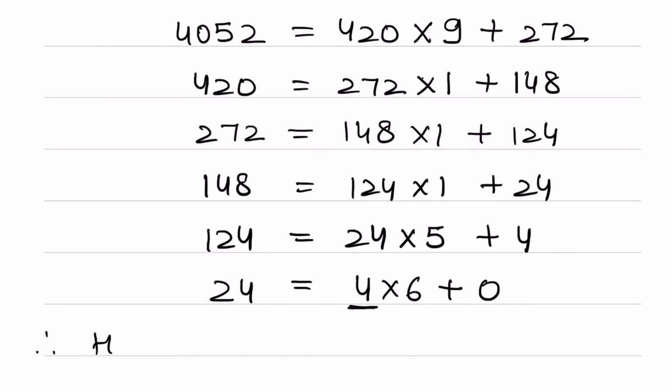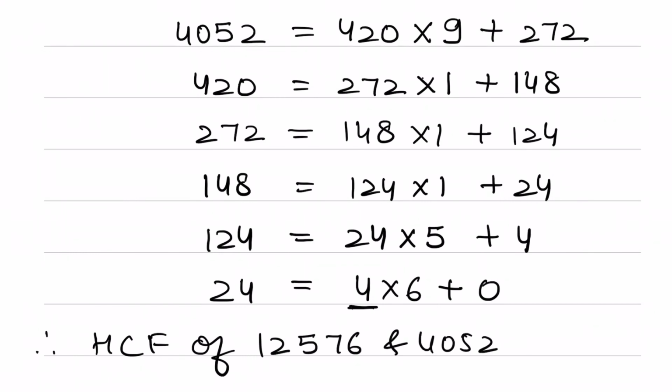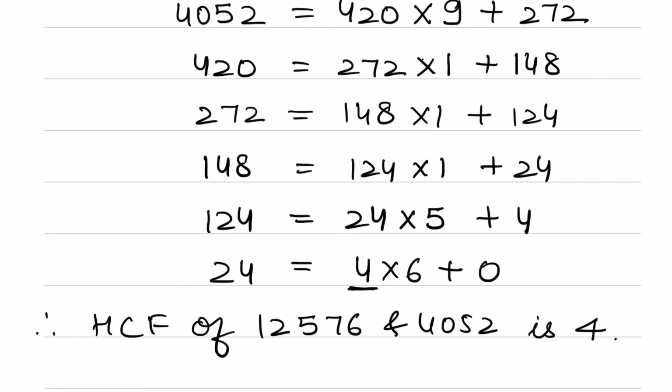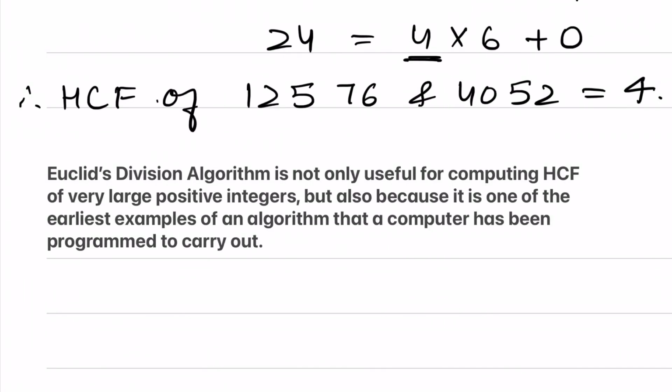So therefore the HCF of 12576 and 4052 is 4. In this way we kept on applying Euclid's division lemma until we got the HCF, and this forms the Euclid's division algorithm.